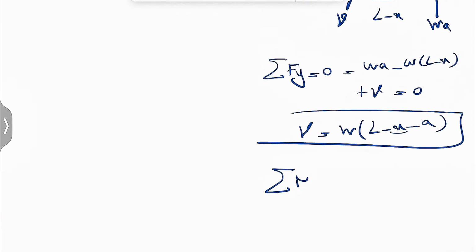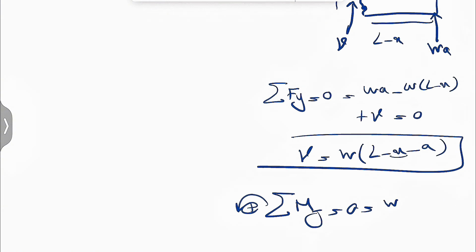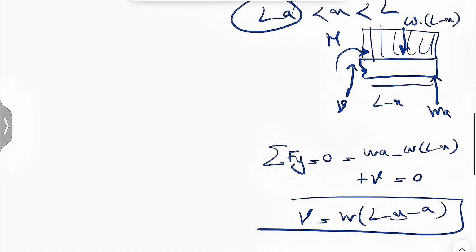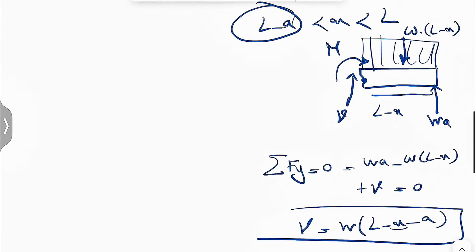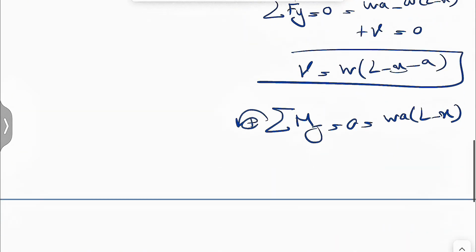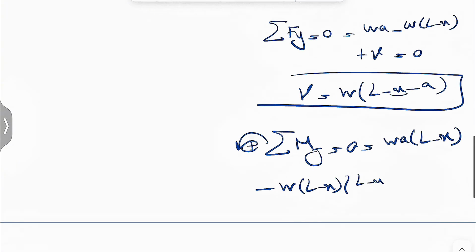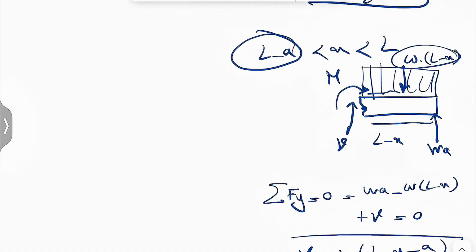Let's do the moment about J. So this time our J is in here. So we have the moment of the WA, which is counterclockwise, so positive WA times L minus X. You have the moment of the distributed load W, which is clockwise, so negative W times (L minus X) is the force, and the distance would be (L minus X) divided by 2 because it will be applying at the half point.